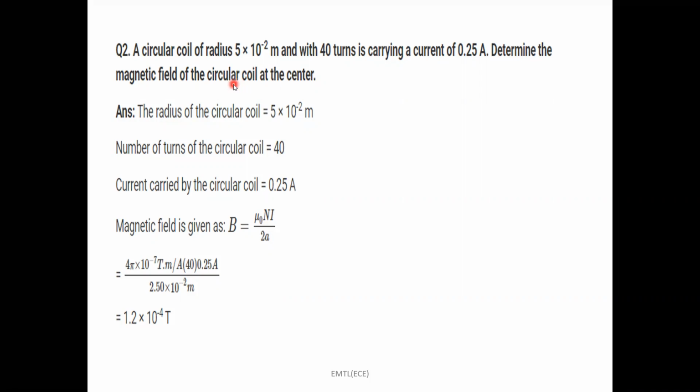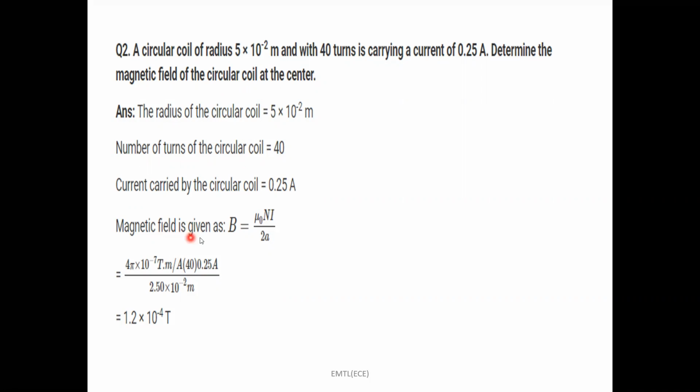As in the problem, the given values are: radius of the circular coil 5 into 10 power minus 2 meters, number of turns 40, and current carried by the circular coil 0.25 amperes.